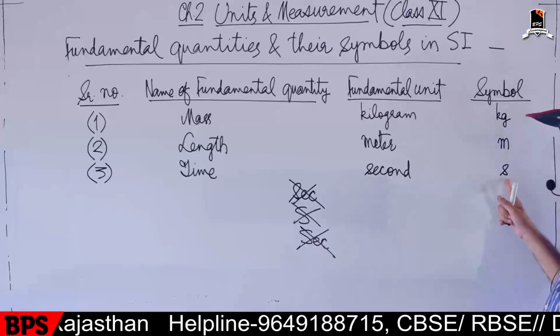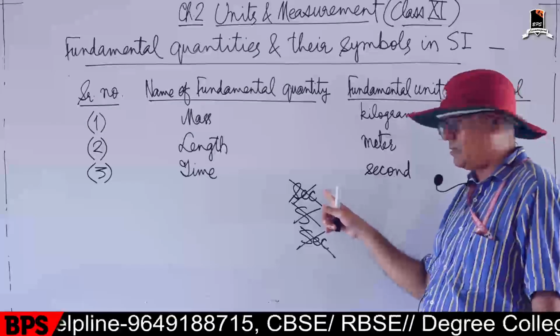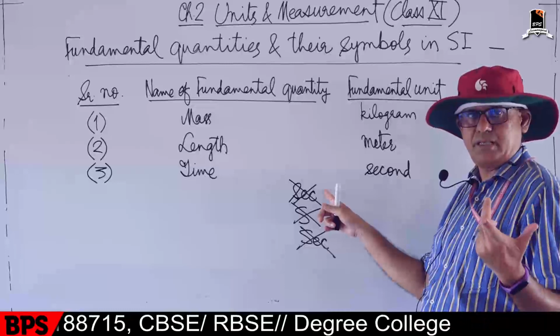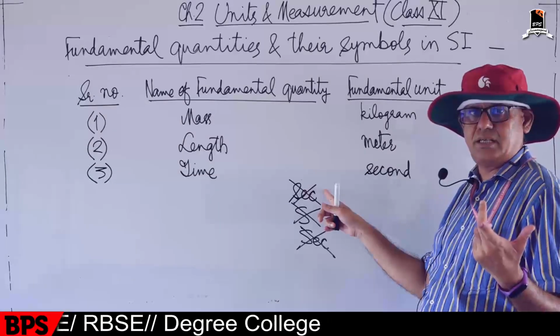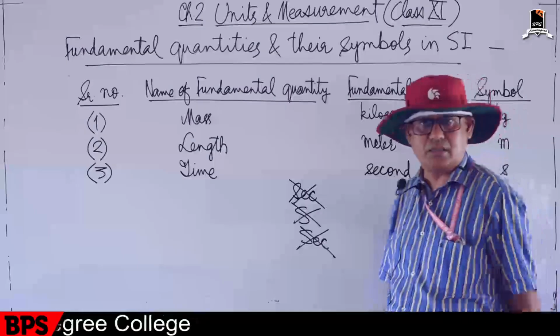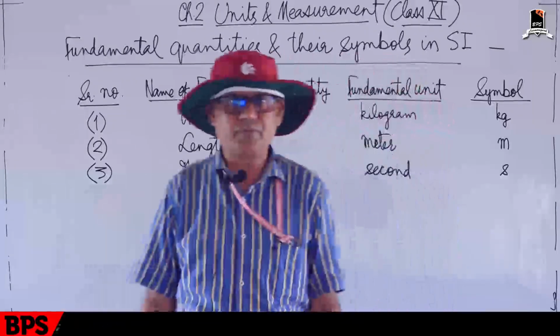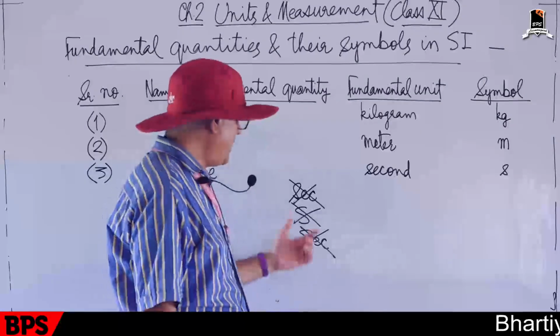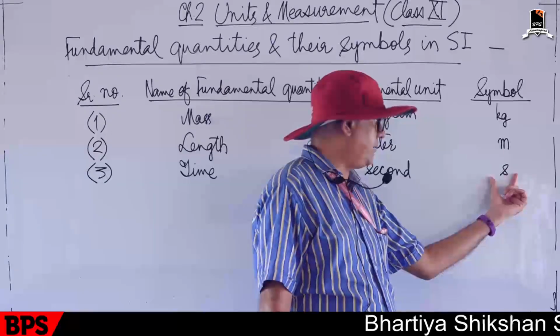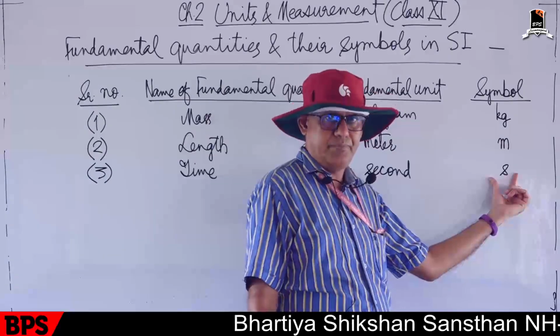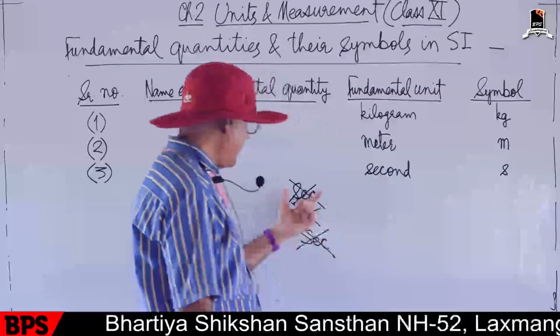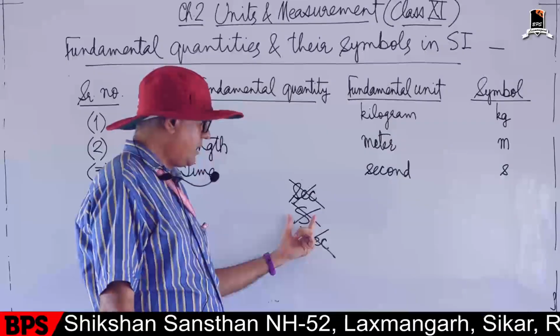Remember it very well. Generally it is a practice to write SEC dot, that is not the symbol of time. So be aware that the symbol of time is small s only. It is not SEC or capital S.